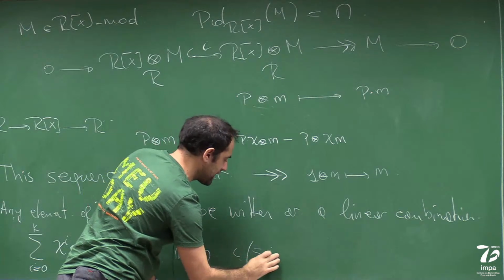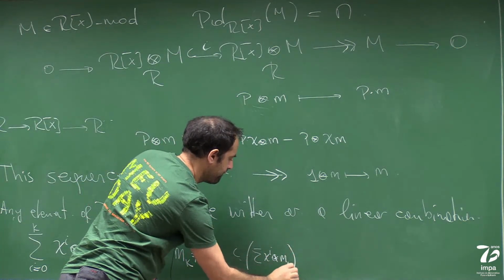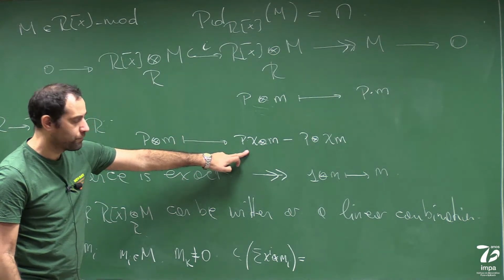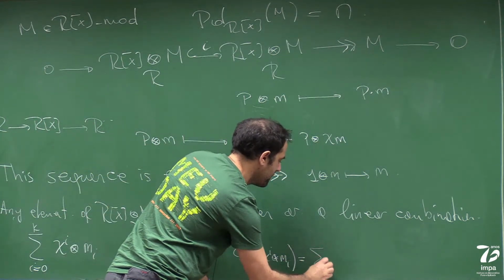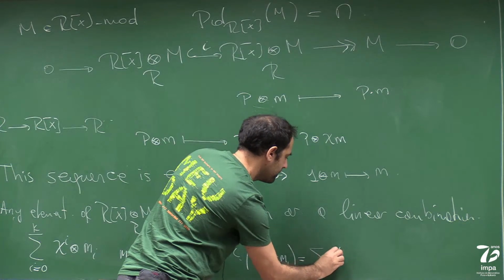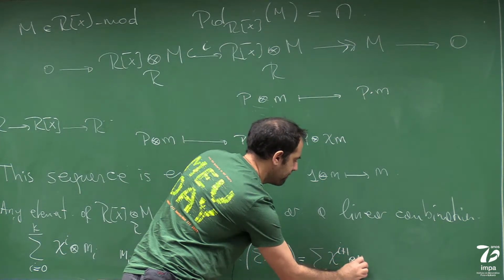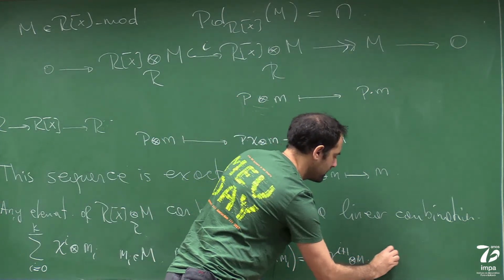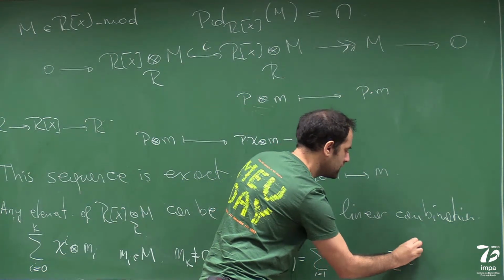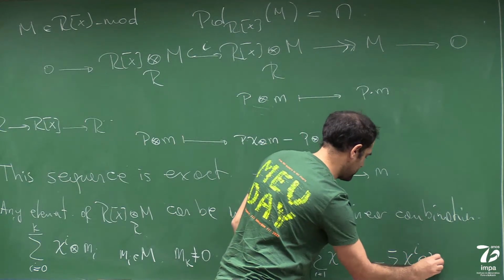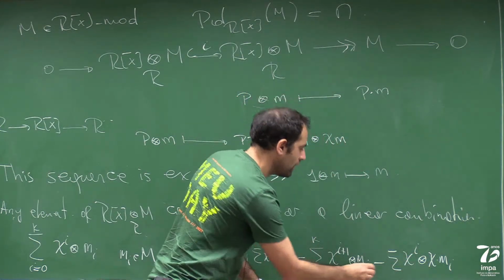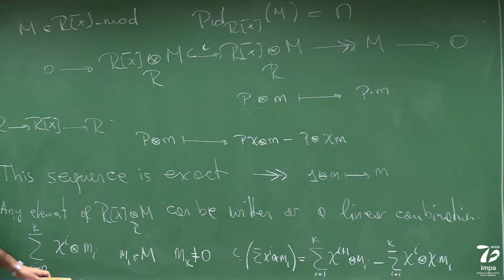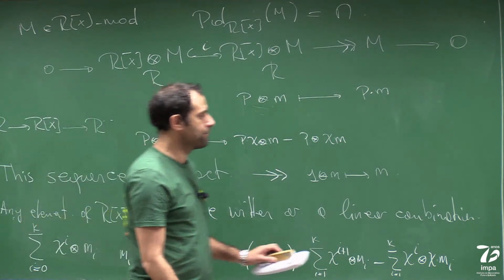So iota on this, well, I need to multiply the first one by x, so I'm going to get a sum of x to the i plus 1 tensor m_i, where i goes from 1 to k, minus the sum of x to the i tensor x times m_i, where i goes from 1 up to k. And you see that the leading monomial of this thing is x to the k plus 1 tensor m_k.